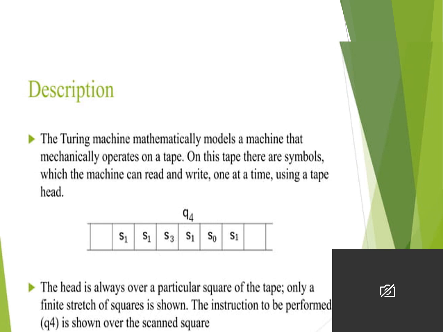Using the tape head, it can be moved to the right side or the left side, and whatever operations you can do with the tape, you can read the input and write the input at one time. So here we are using the tape head. This tape head is mainly over a particular square on a tape, only a finite stretch of squares. The instructions are performed over the scanned squares.